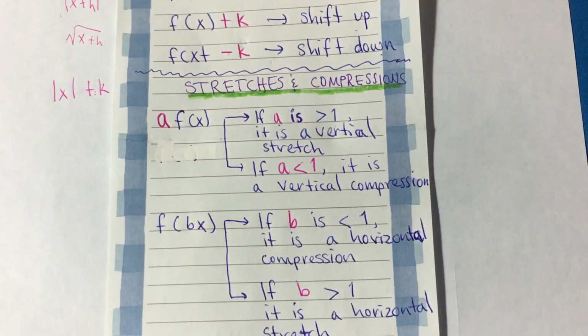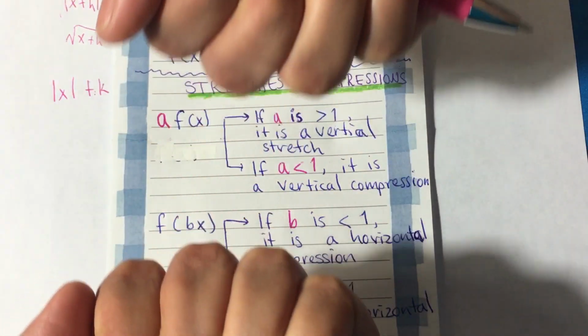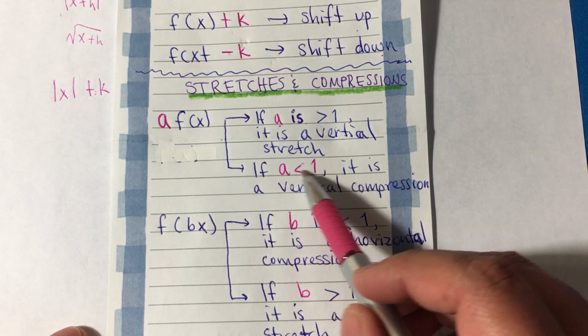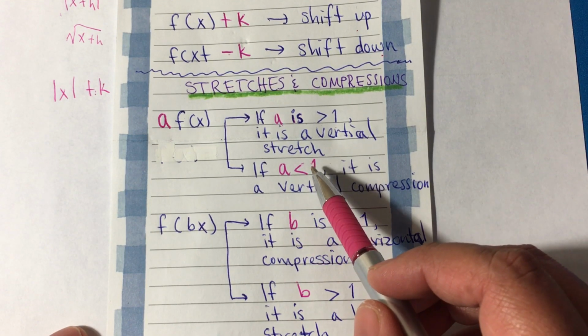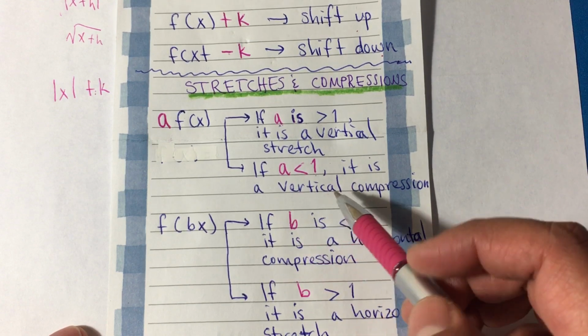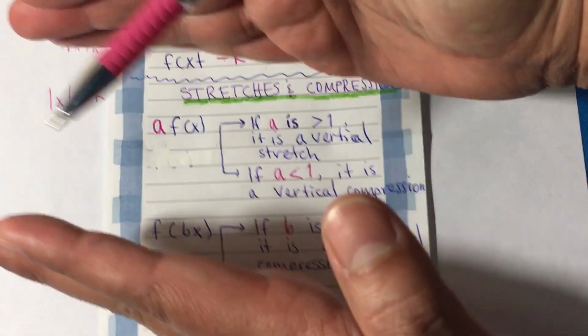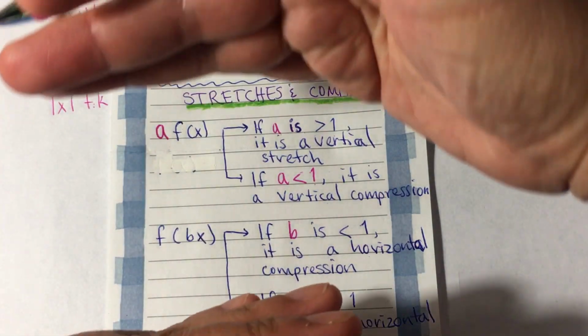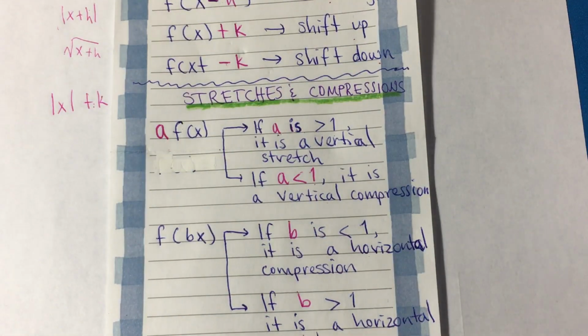It's going to stretch like that, okay? The graph will grow tall. But if a is less than 1, meaning that it's a proper fraction, smaller than 1, it is a vertical compression. That means instead of being its normal size, it's going to be tinier, okay? It's going to be vertically compressed.